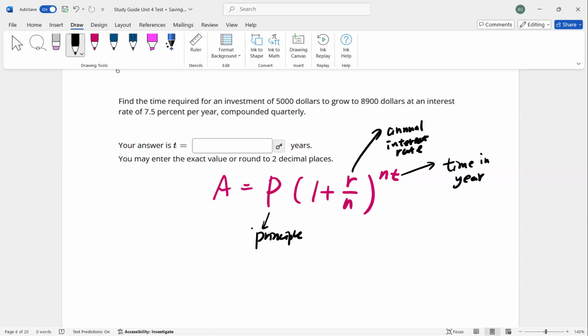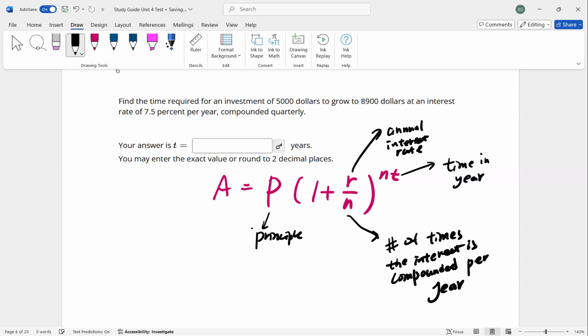n here is the number of times the interest is compounded per year. If the interest is compounded annually, once a year, n is 1. If compounded semi-annually, twice a year, every 6 months, n equals 2.